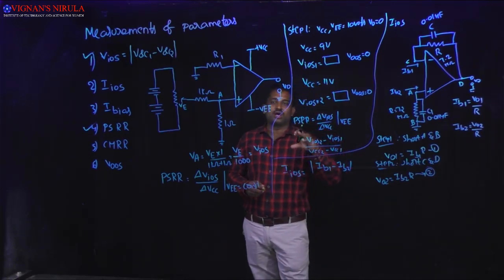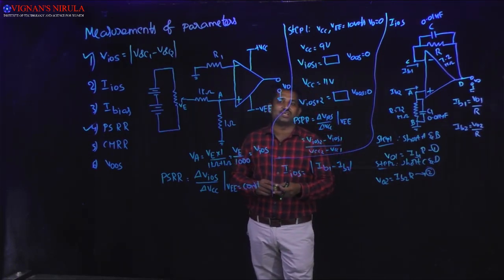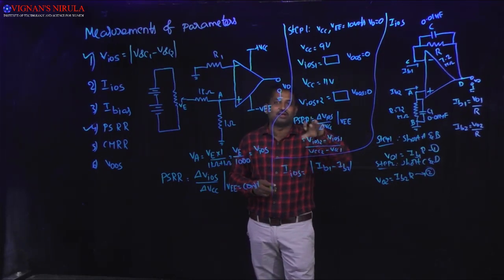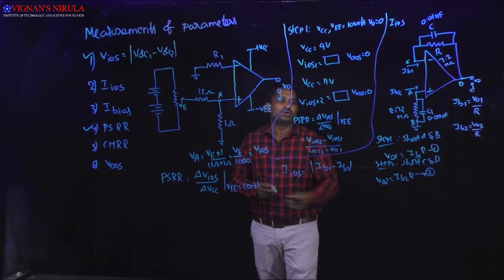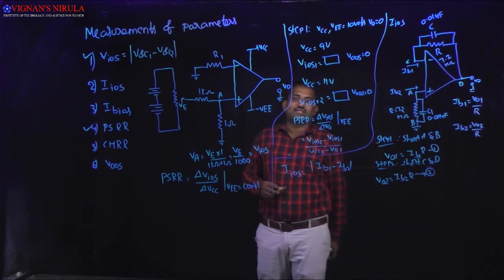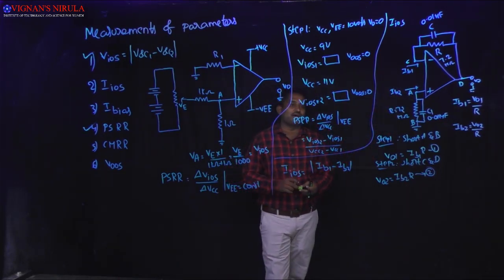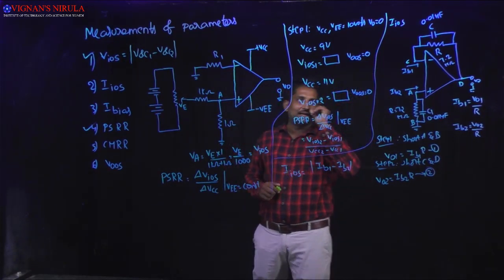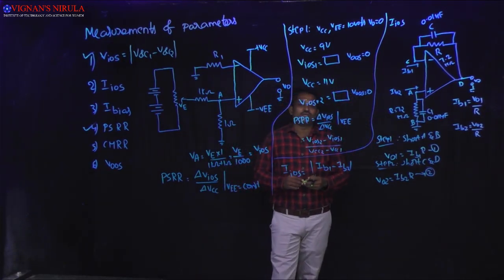To bypass the noise in that resistance, we are going to connect the capacitor across the resistance. This is the way we calculate the input offset current.